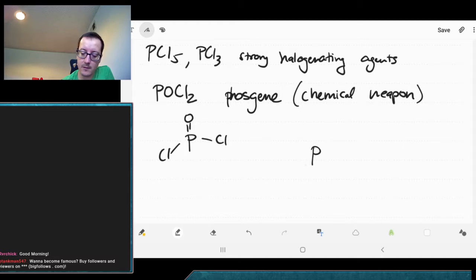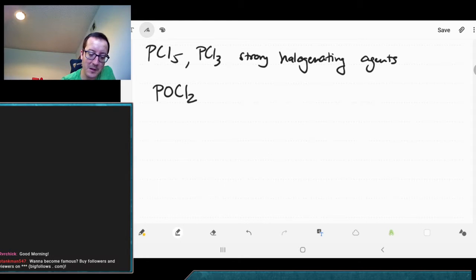What am I thinking? Okay, never mind. Phosgene does not have a phosphorus. It's a carbon-based one. But there is one. Is it POCl3? Phosphoryl chloride. Yeah.